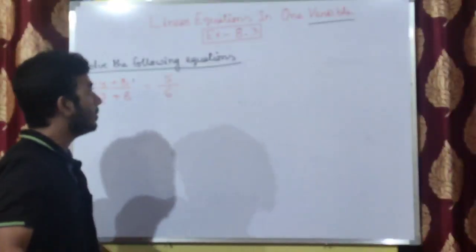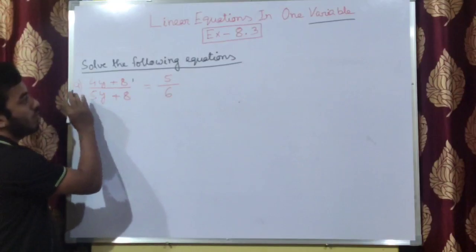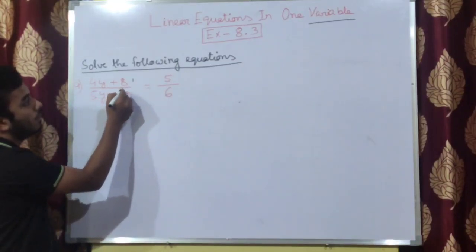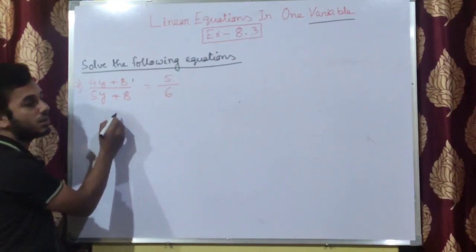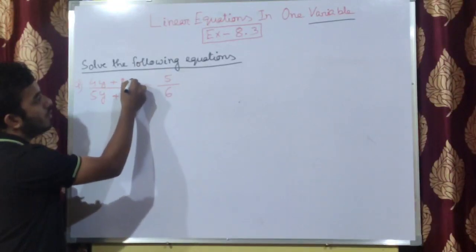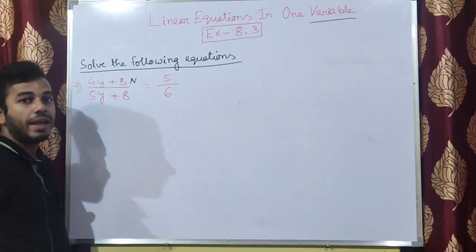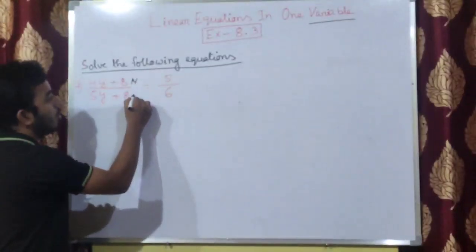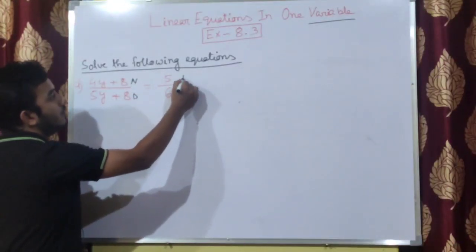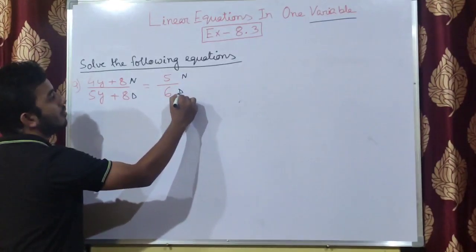So what is the cross multiplication method? Before explaining, first of all, this is a fraction, right? 4y plus 8 by 5y plus 8. The upper part is known as the numerator, and this is the denominator.